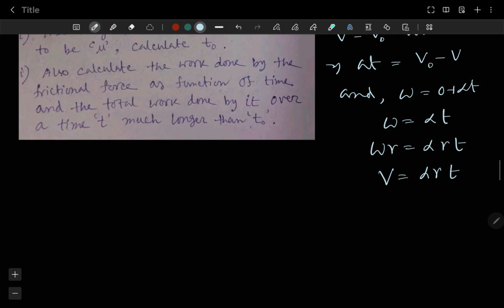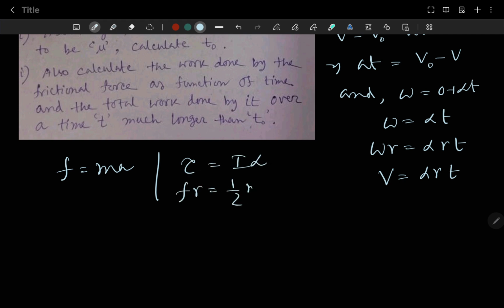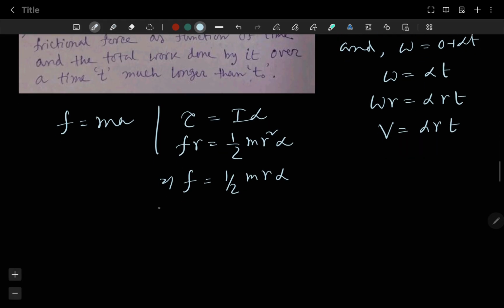Okay, now write the equation of motion. So f equals ma and tau equals I alpha. So tau is fr, and for disk it is half mr square alpha. Now f becomes half mr alpha. So here half m r alpha equals ma, so cancel m, so r alpha becomes 2a.